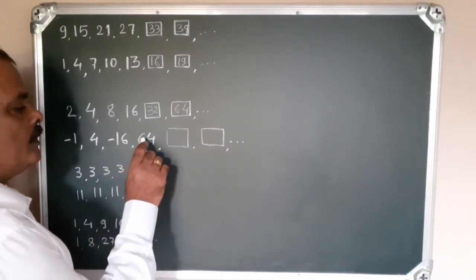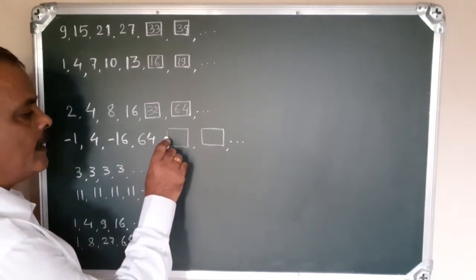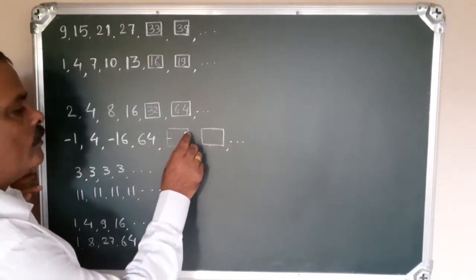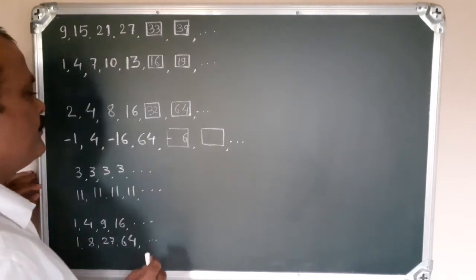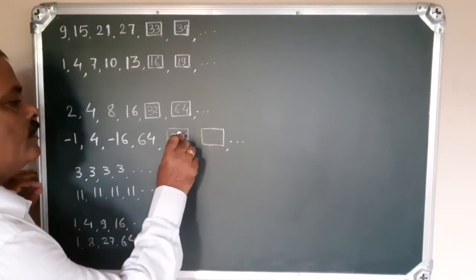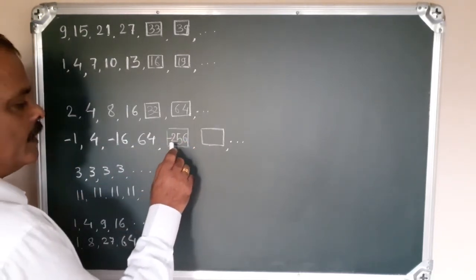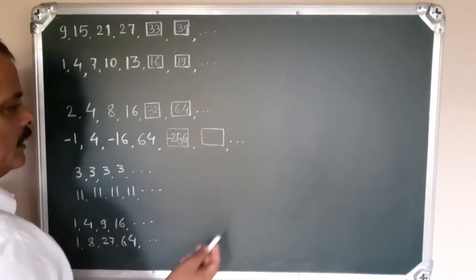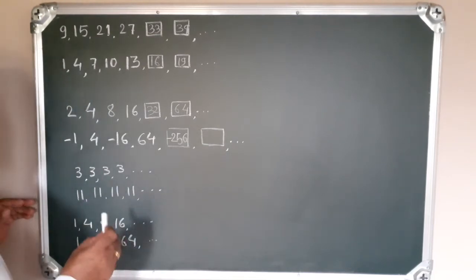Again, if we multiply this number by minus 4, we get minus 4 into 64. 4 4s are 16. Carry 1. 4 6s are 24. Plus 1, 25. So minus 256. If we multiply this by minus 4, we get the next number. In this way, we can calculate all these numbers.